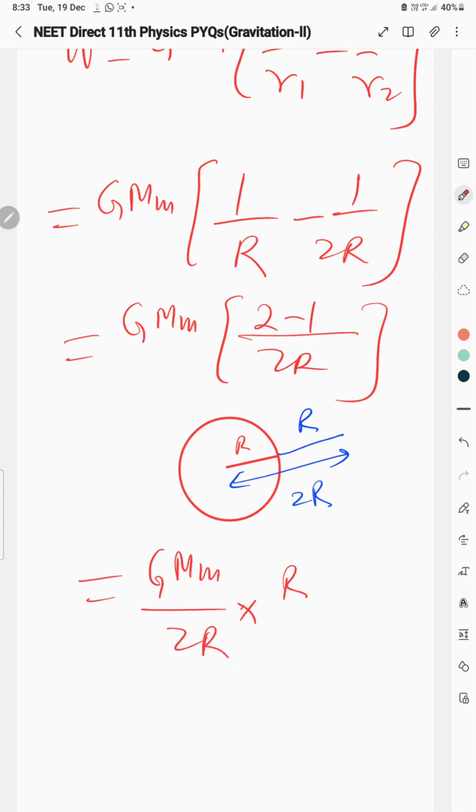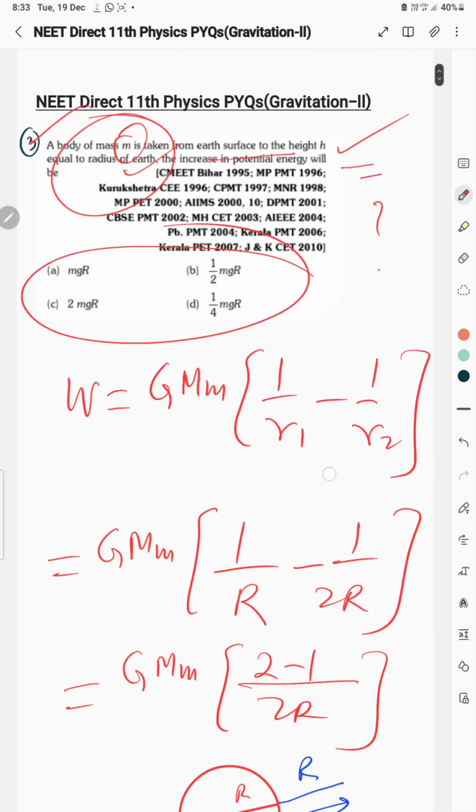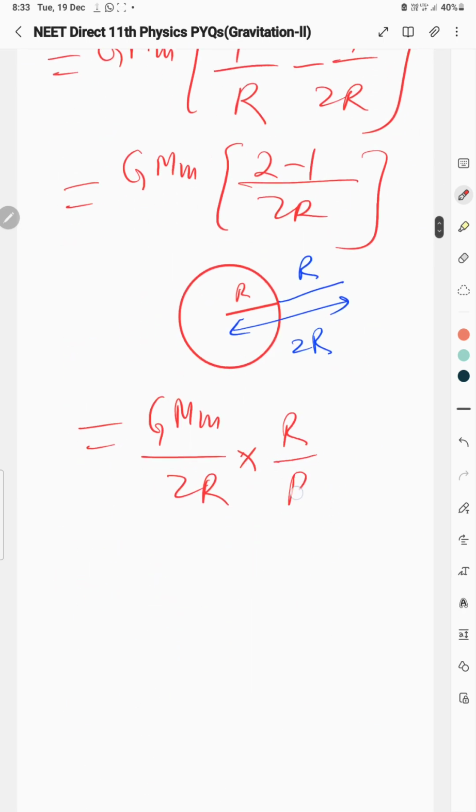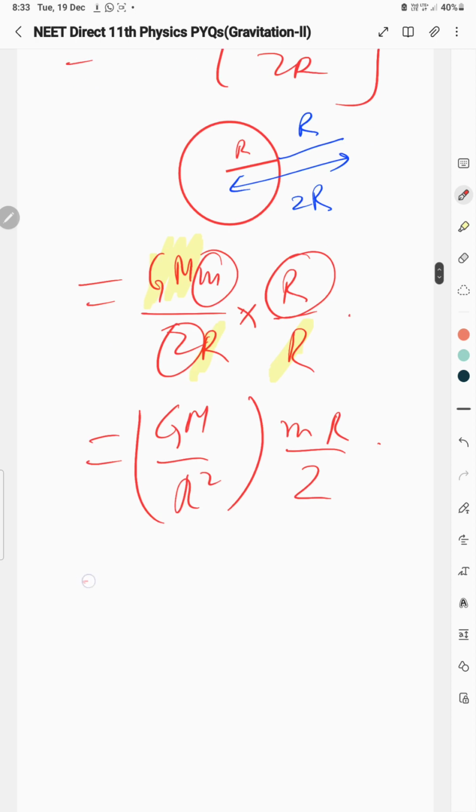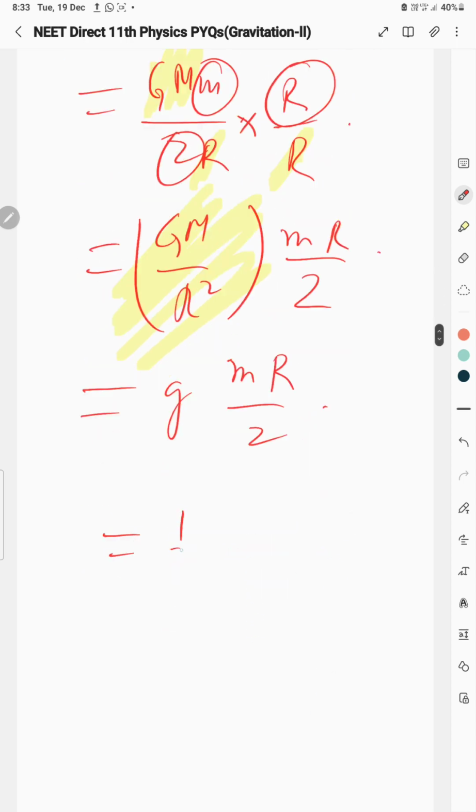Little bit of trick, because the answers are in terms of small g, so I cannot use capital G here. I multiply with r and divide with r and see what happens. I use gm by r square as a separate entity. How much will this be? gm by r square we separated, and this m, this r, this 2 are written separately. And as you know, this thing gm by r square, this is small g, it is m r by 2, so ultimately it is half m g r.